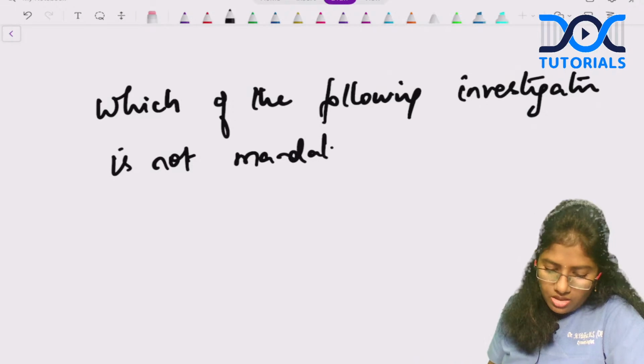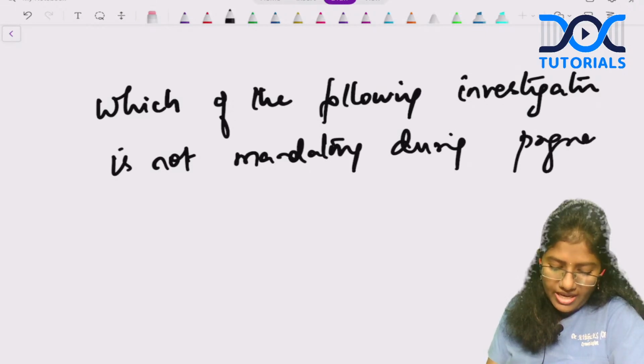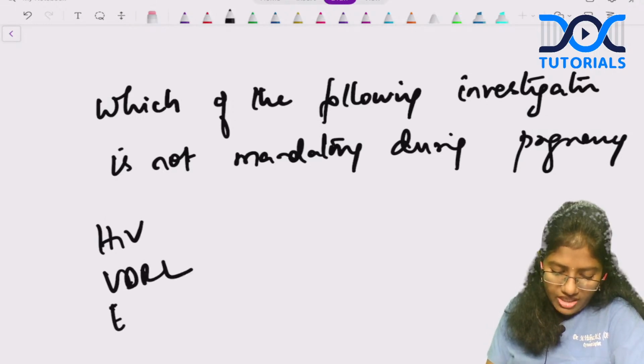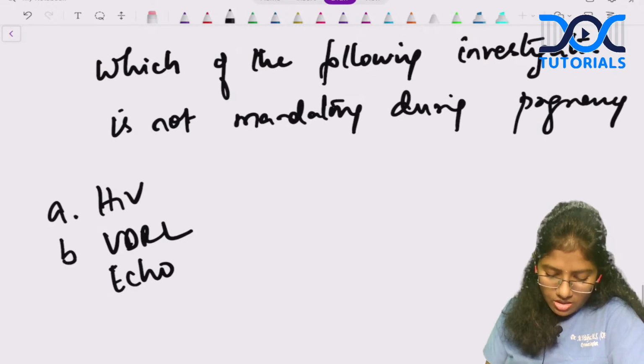The options were HIV, VDRL, echo, and blood sugar.